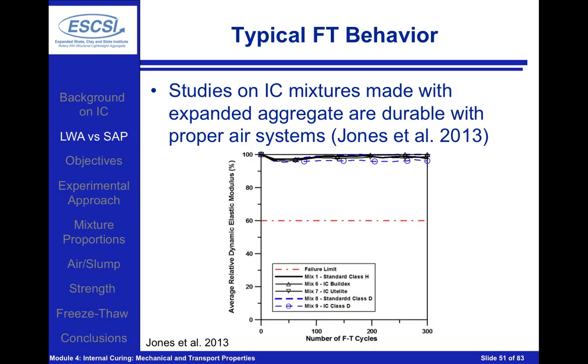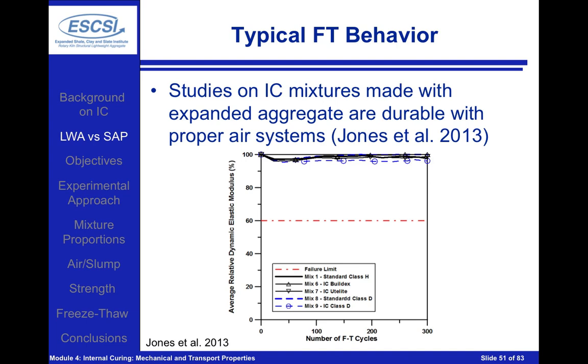So just to confirm that, what we've shown here is a series of studies that were performed where we used a mixture that was very similar to what would be used in the state of Colorado for 5 different mixtures. What you can see is the ASTM C666 failure limit shown as the red line, and then we can see a plain Class H mixture from Colorado compared to 4 different internally cured mixtures, and each one of these has a very, very similar behavior over 300 freeze-thaw cycles.